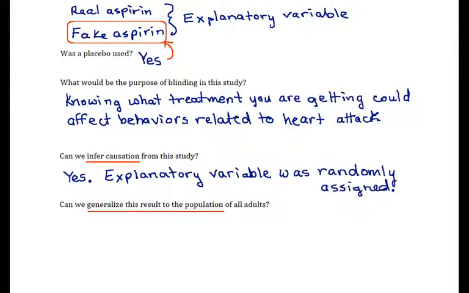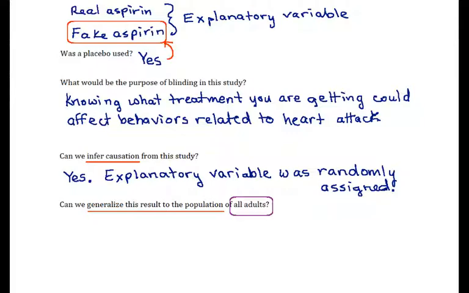Can we generalize this result to the population of all adults? So the population is all adults. We know that the subjects in this experiment were all male physicians. So at best, our subjects are representative of all male physicians. We would only know that if we also knew that they were randomly selected or that maybe we had contacted all of them.